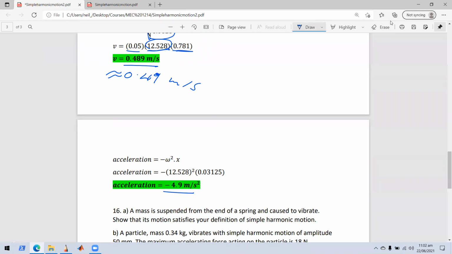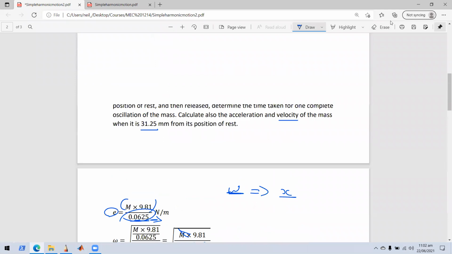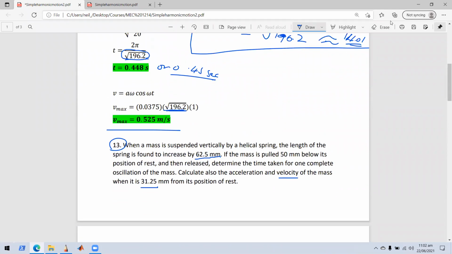Yeah, so one thing, sorry, just go back one last thing. Remember, we're to calculate also the acceleration and velocity, which we just did, of the mass when it's 31.25 millimeters from its position of rest.